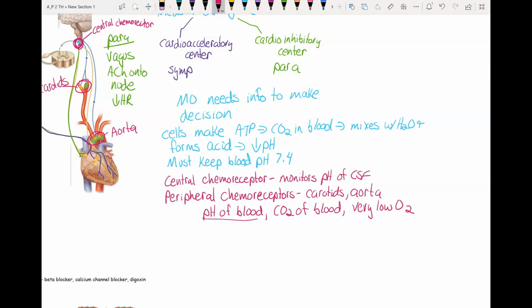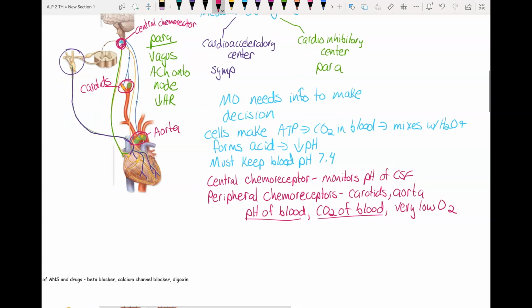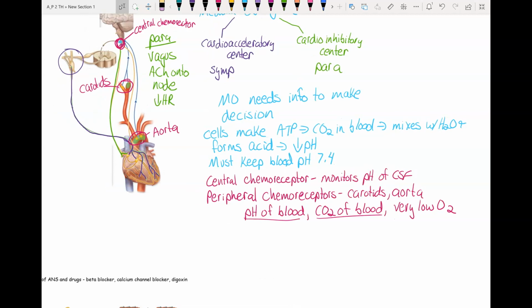Now, it's the pH and the carbon dioxide that we're most concerned with. It's only if your oxygen drops very low that they're going to respond to that. In a healthy person in normal circumstances, your oxygen is not going to drop low enough to stimulate these receptors. So we're not going to worry about those for now. You also have in your peripheral, the carotids and the aorta, you have baroreceptors.